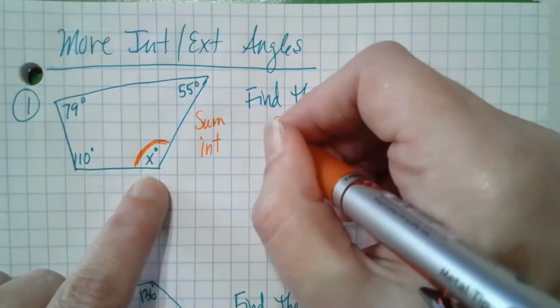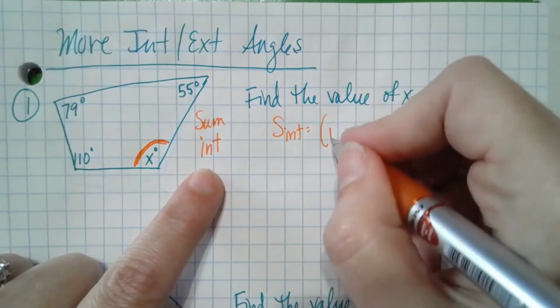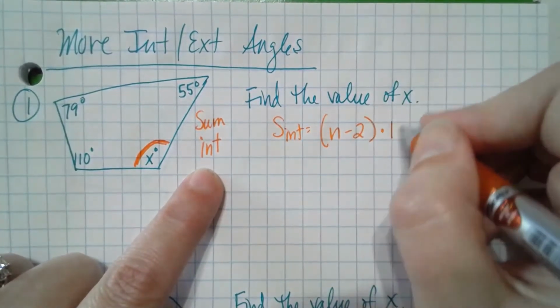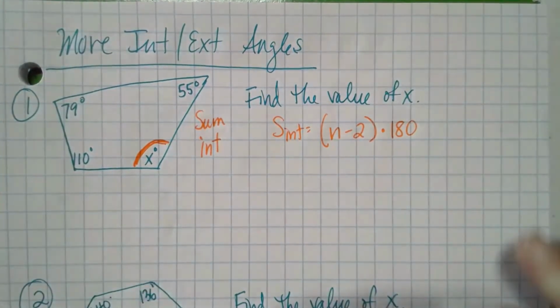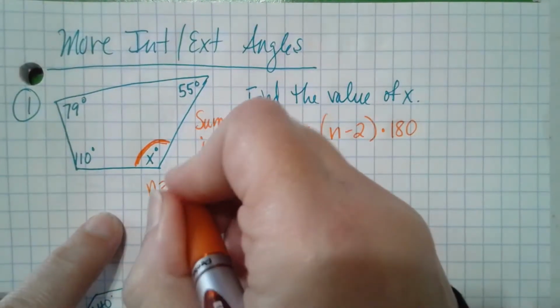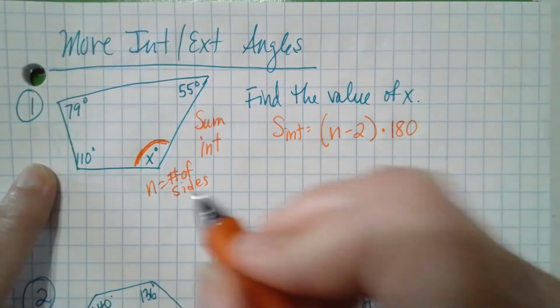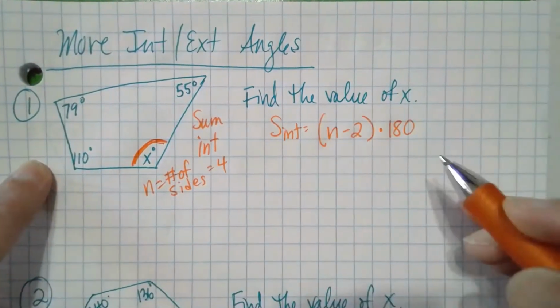Okay, so the sum of the interior angles of any polygon, it doesn't have to be regular, is n minus 2 times 180. So n always stands for the number of sides. N is the number of sides on our shape. This shape has 4 sides, so n is going to be 4 for this problem.